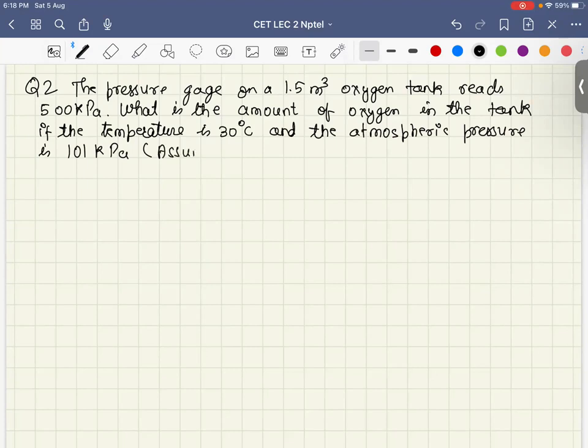What we have to assume is oxygen as an ideal gas.